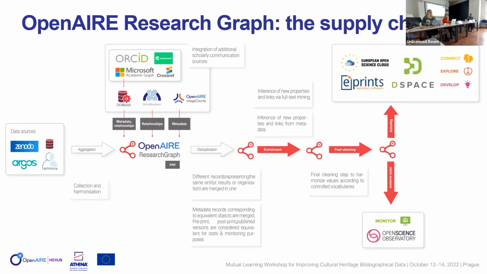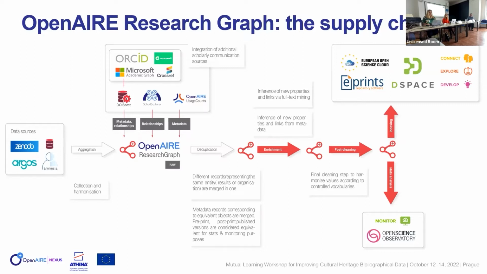And then they go through a text mining system where they are enriched with relationships, for example, publication-project links and so on. So the inference system works on the textual metadata and also on footnotes, acknowledgements, and abstracts.